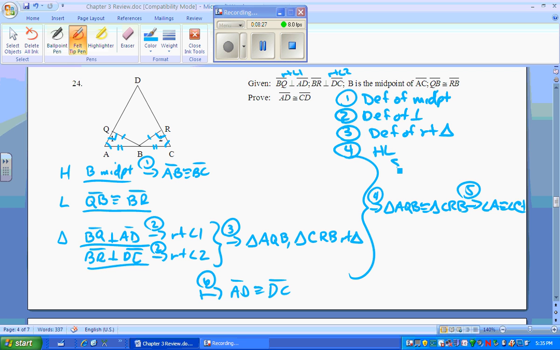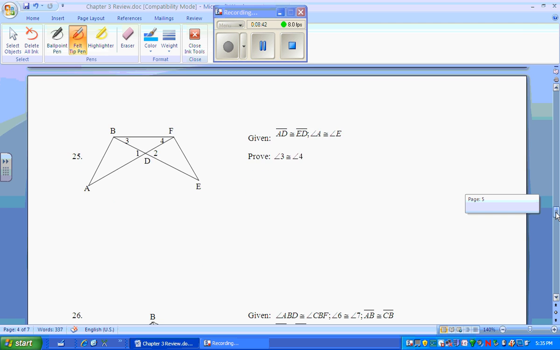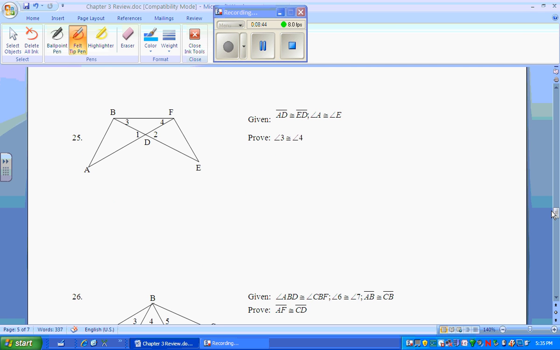Reason 5, CPCTC. And reason 6 is if angles, then sides. Confused yet? Hopefully not. Hopefully you are staying with me and you're getting them right for the most part.